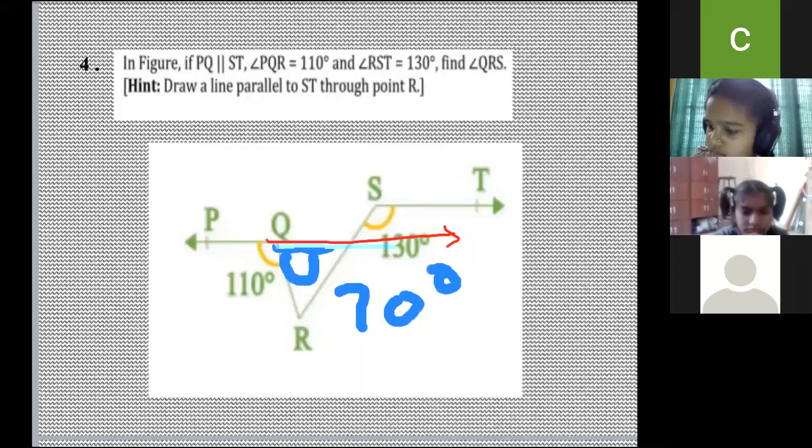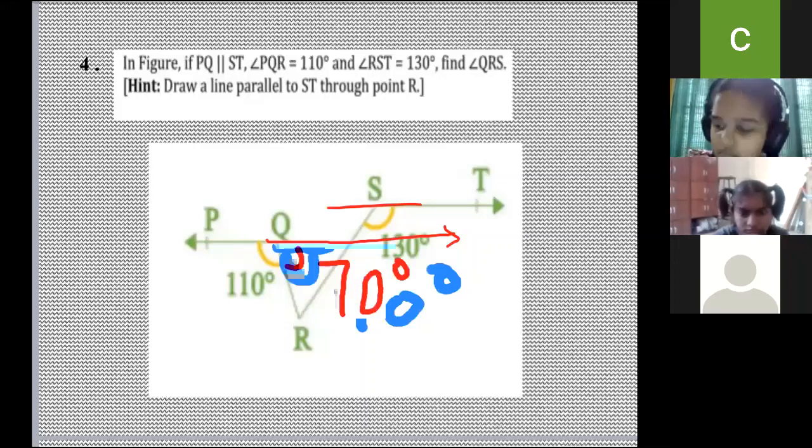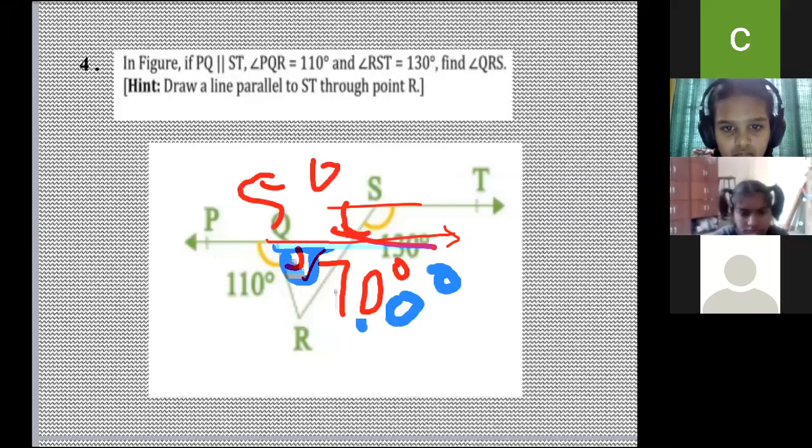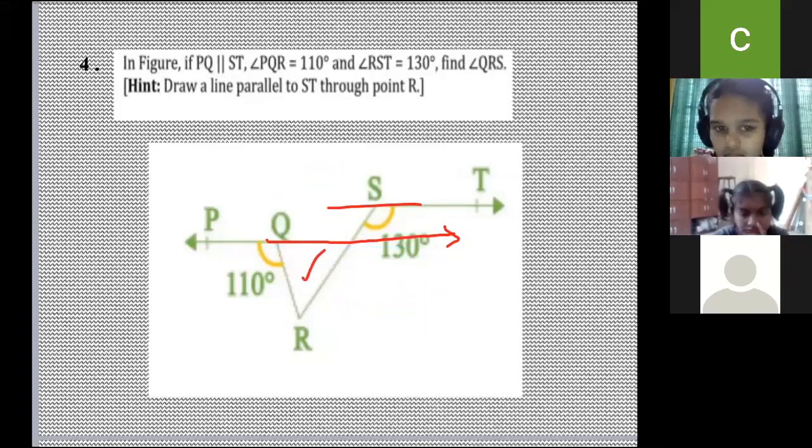Already it is said that these two lines are parallel to each other. Very good. Shall I start, children? But they're asking us to find the value of R.